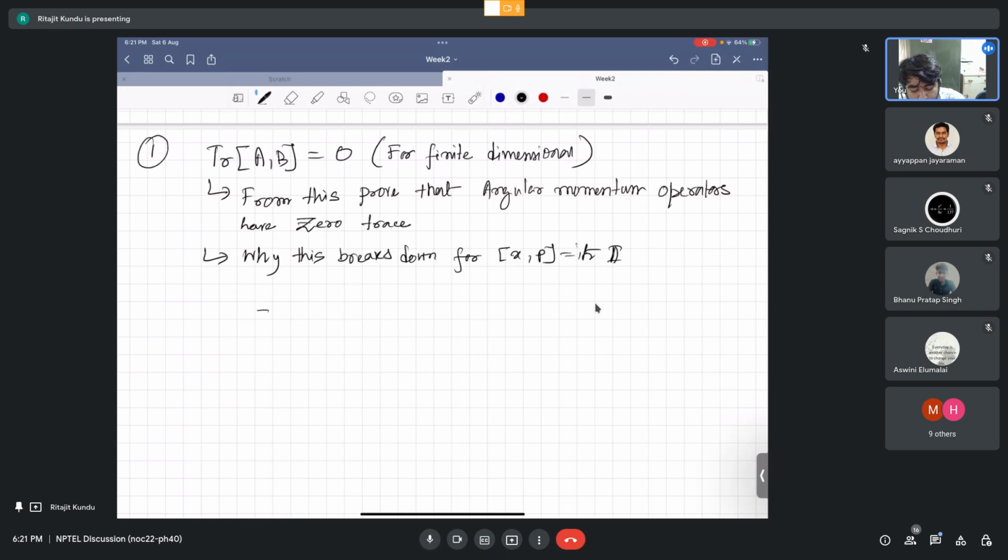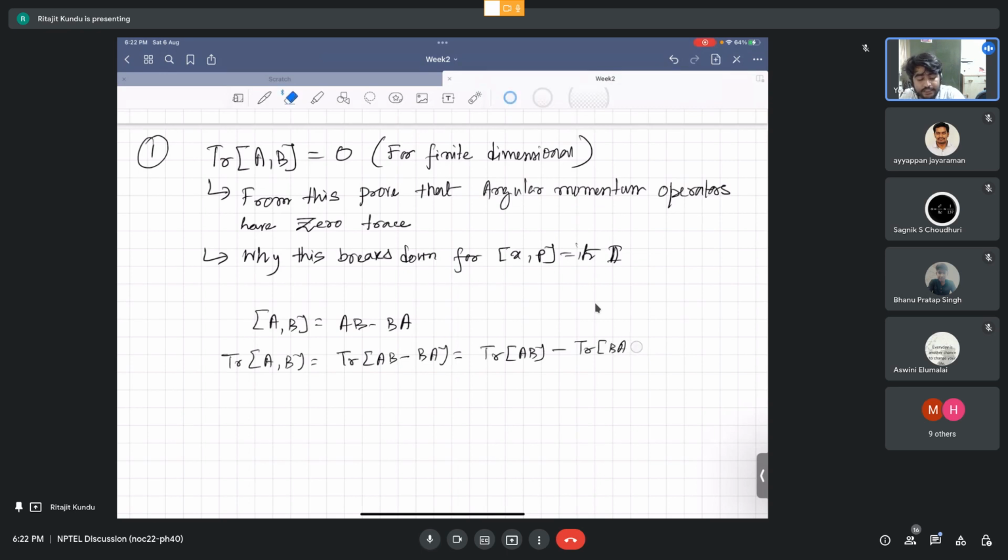The commutator of A comma B is nothing but AB minus BA. If I take the trace of this operator, I get trace of AB minus BA. Trace is a linear operator, so I can break this apart into a combination of AB and BA.